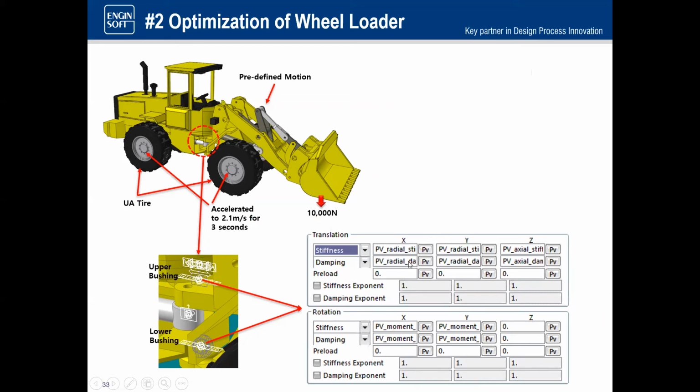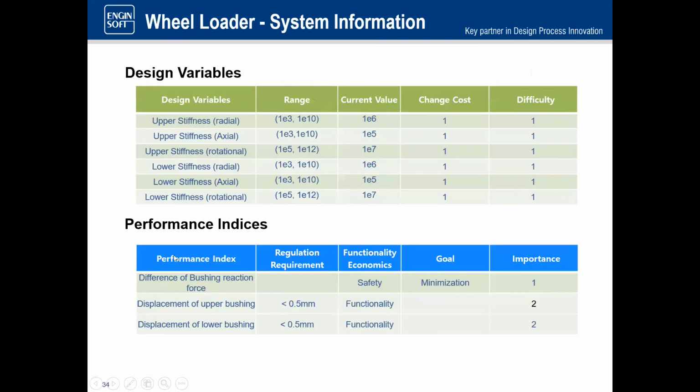So we have 5 different degrees of freedom in the bushing that we're going to look at. The rotational stiffness in the intended degree of freedom of rotation is not of interest, because that's 0 stiffness, because it's free to rotate with the revolute joint. So here are our design variables.